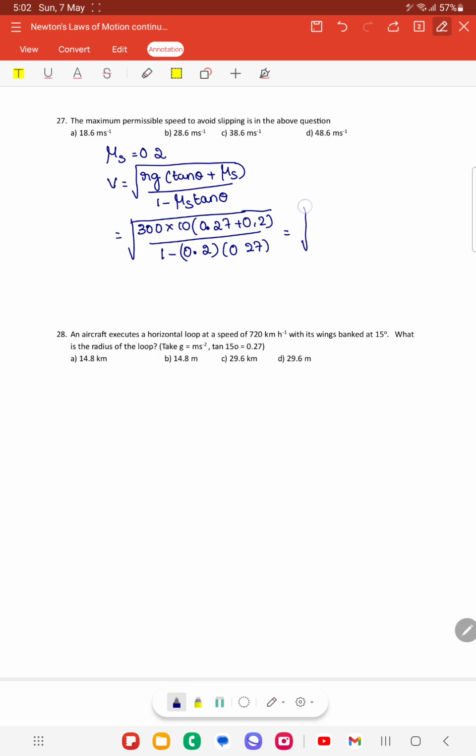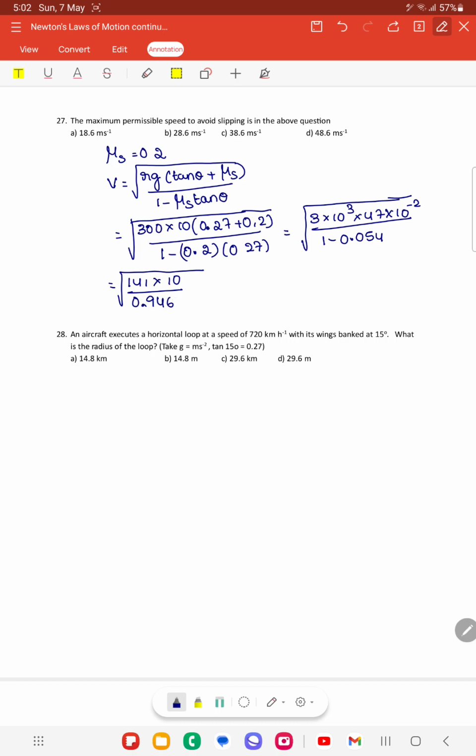So simplifying, we get 3 into 10 raised to 3 into 47 into 10 raised to minus 2 divided by 1 minus 0.054. So which is square root of 141 into 10 divided by 0.946.